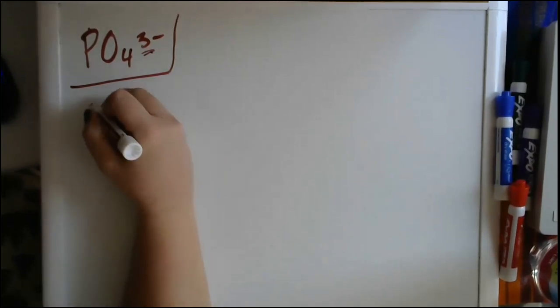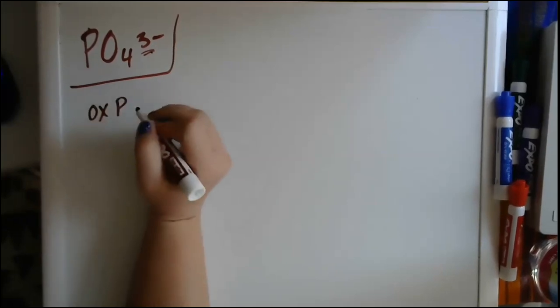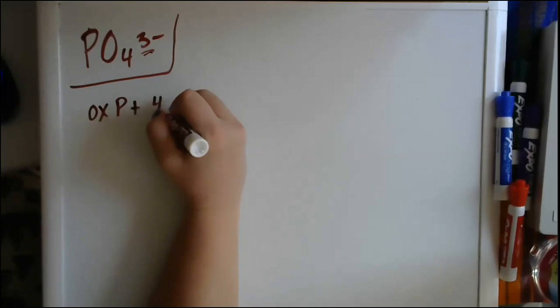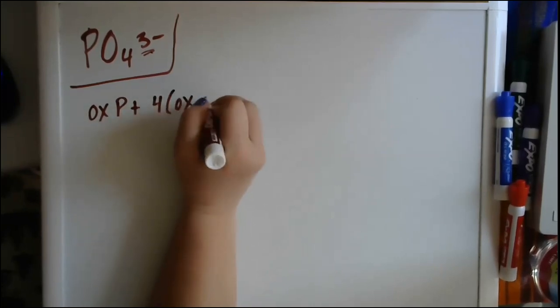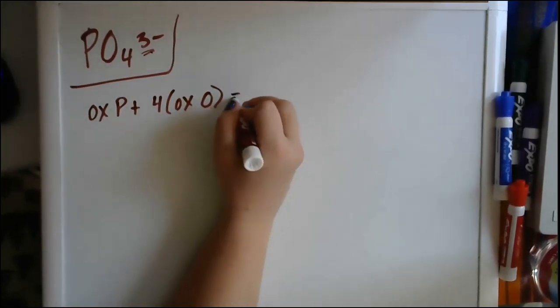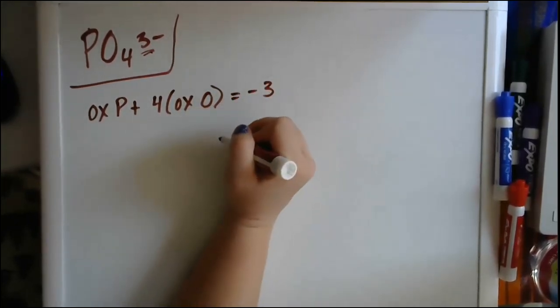So whatever my oxidation state of phosphorus is, plus I have 4 oxygens, so I'm going to have to do 4 times the oxidation state of oxygen. When I add these values together, I should get -3.